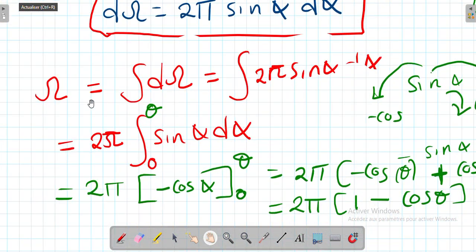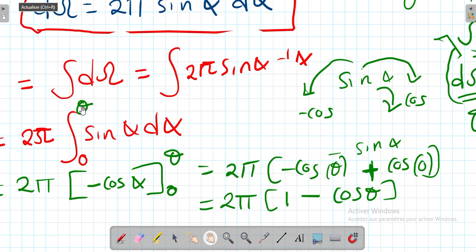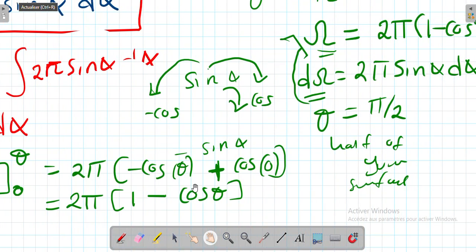Then you find the solid angle by integrating. Since you don't know if you are seeing the whole surface, half the surface, or a certain portion, you just say theta. Then you integrate, and once you integrate, for the other questions you just pose. For example, this question is saying half-space, so you just pose.